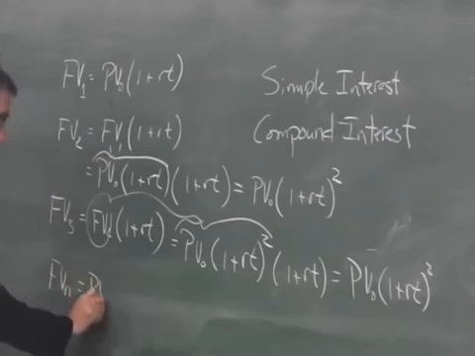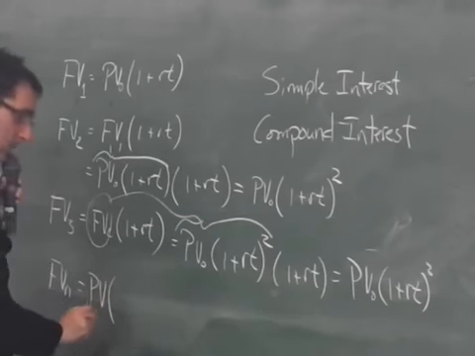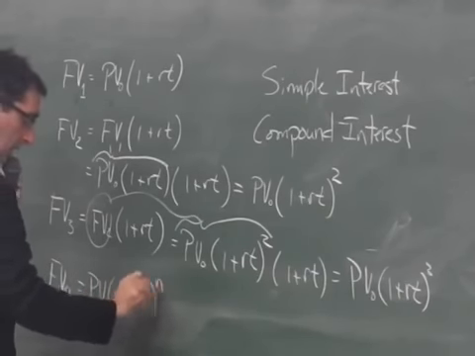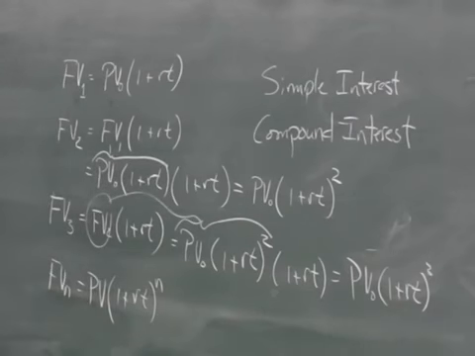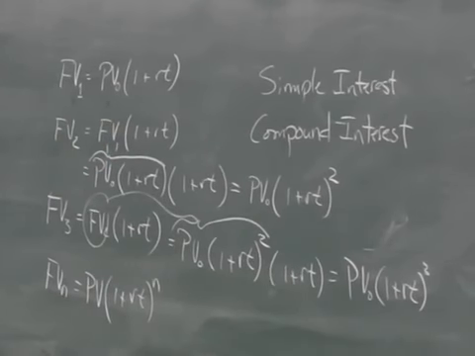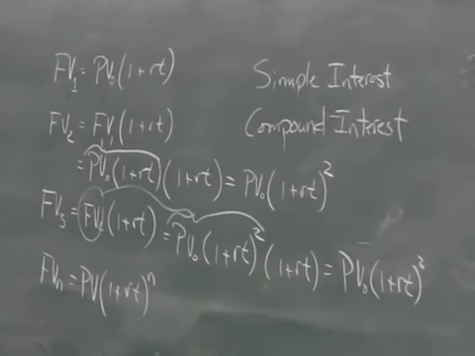Maybe I'll take away the 0, just to say PV, the beginning value, times (1 + RT) to the n. That's the compound interest formula, and that's not the same as the simple interest one. It's different. It's (1 + RT) to the n.